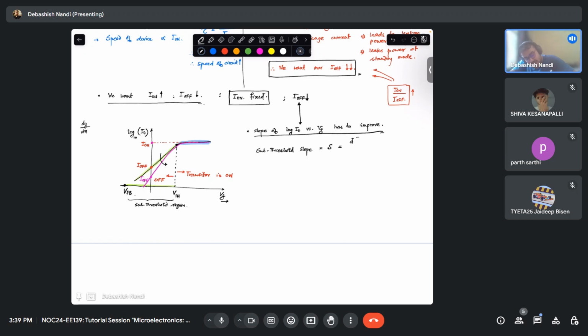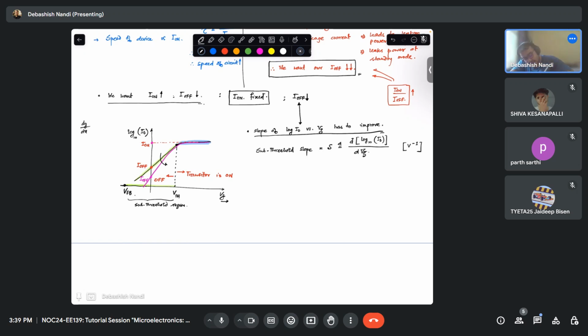My y here is log of ID, because I am plotting it in log scale. And what is my x? x is my dVG. Okay, so this is the definition of subthreshold slope. And the unit, always remember, is expressed in volt inverse.